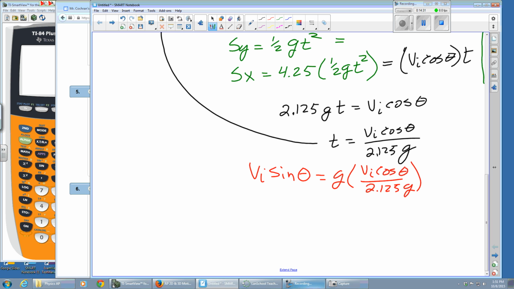And now, VI's are gone, g's are gone. I'm left with tan theta equals 1 over 2.125. Theta equals... Moment of truth.